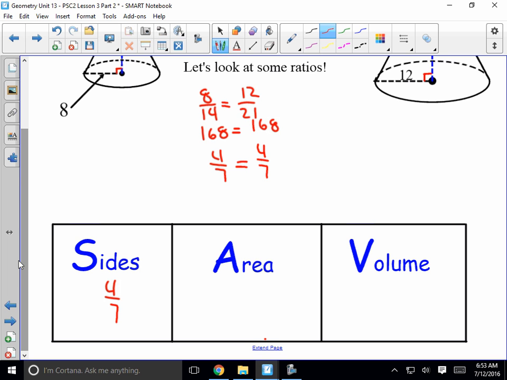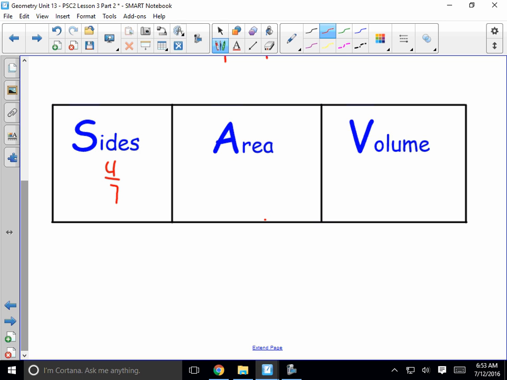Now, in our last video, we talked about the area ratio, which is just taking our side length ratio and squaring it, so 16/49. And hopefully now you can plan out and see what's going to happen in a volume situation, which is units cubed, and this is units squared.